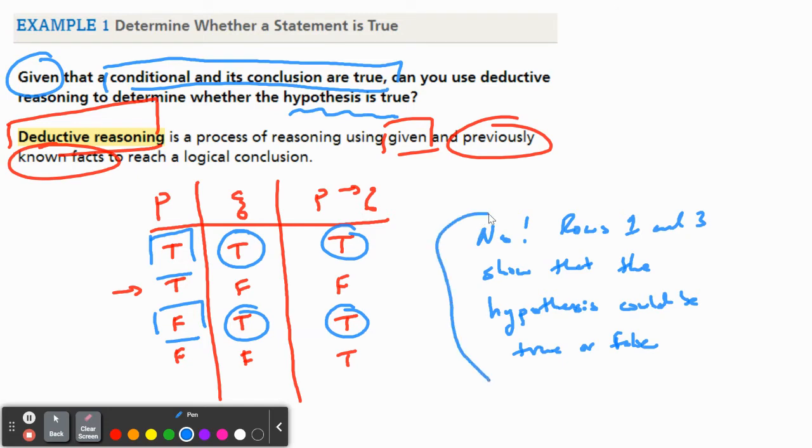And there you go. And that's all based off of building the truth table. And here is using given information to lead to a logical conclusion. And again, we use the truth table, which is our previously known fact.